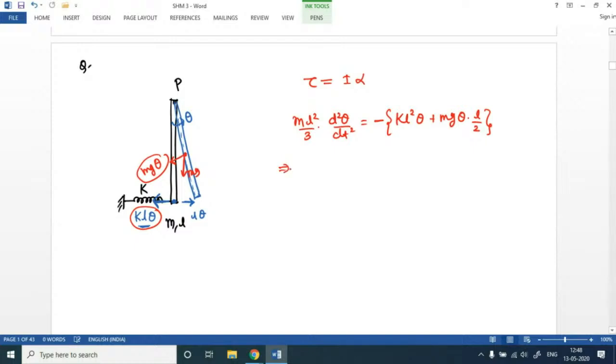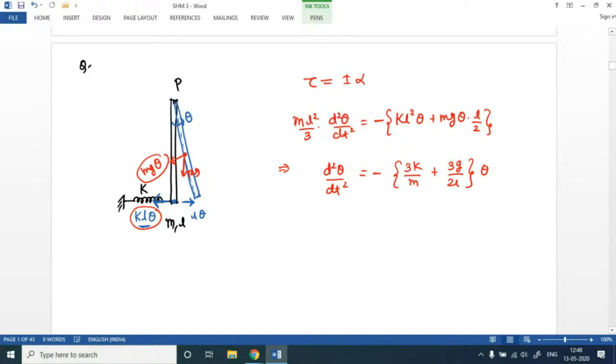And when we rearrange that, d2 theta by dt square, we will get, that would be simply 3k by m. That would be the first term, and the second term would be nothing but 3g by 2l over here, and theta obviously we will be able to take out.